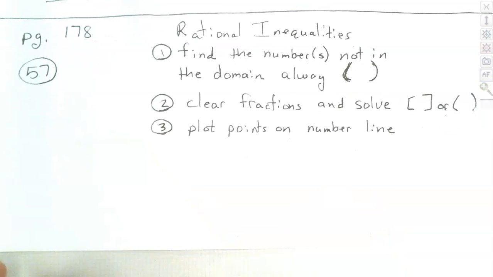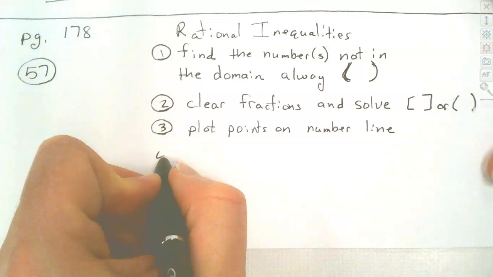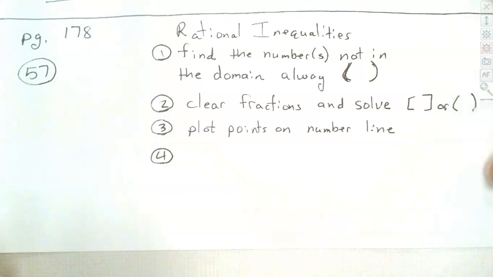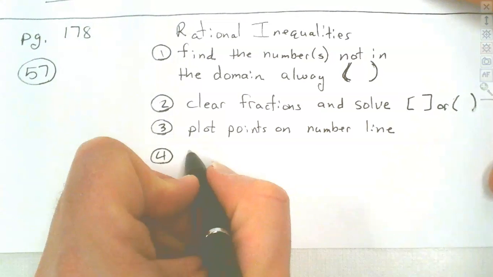So we're going to find the numbers or numbers that are not in the domain. That's going to be a critical point. Then you clear your fractions and you solve it. Now what comes out of there can either have a square bracket or it can have a parentheses. Then we plot them on the number line and we check each region and shade the true regions.